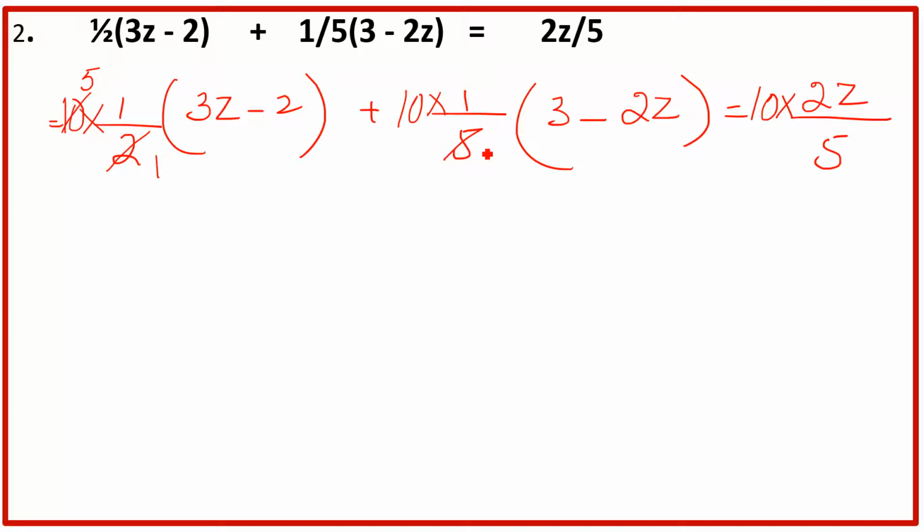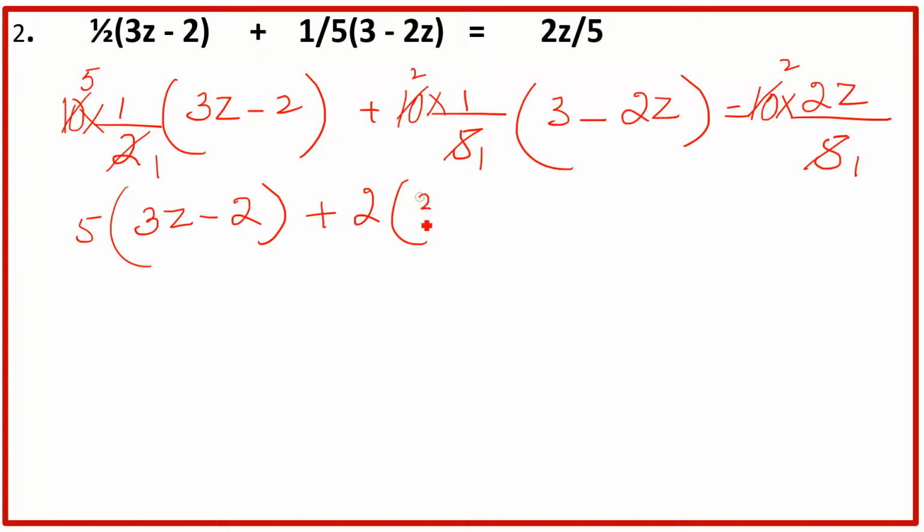Same thing here, 5 one time, 5 two times. Why did we do this? Because we want to remove the fraction. There is 1 in the denominator, so there is no need to write it down.